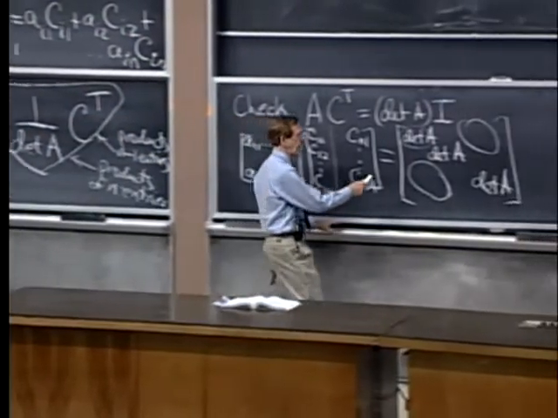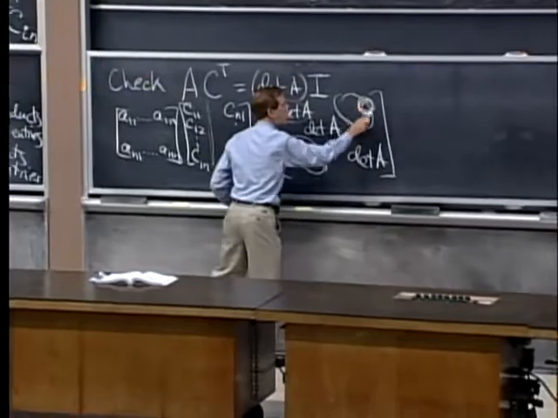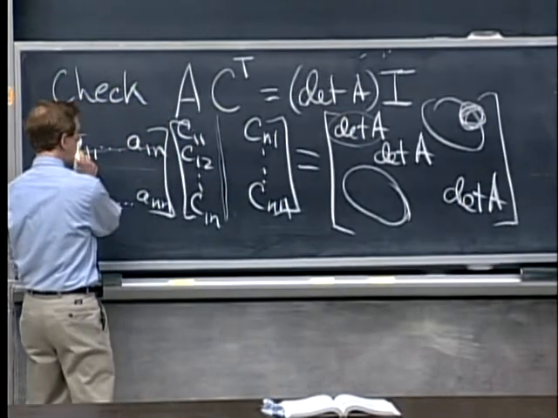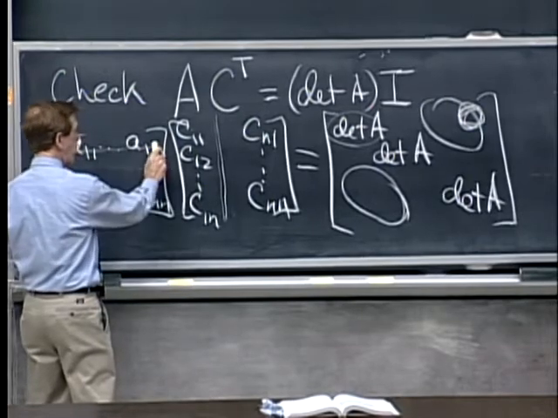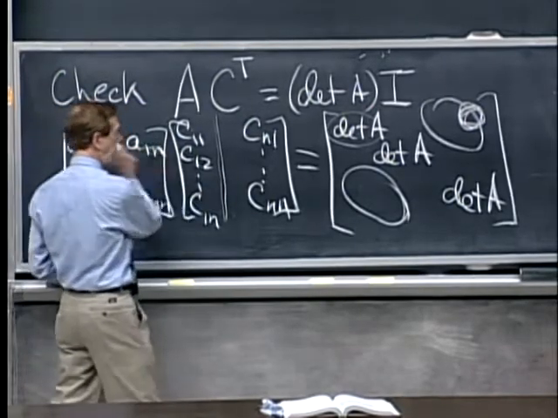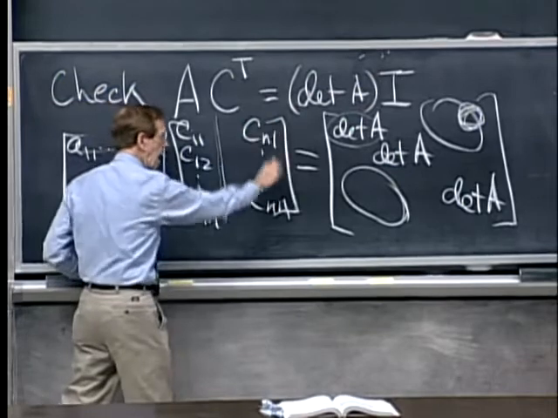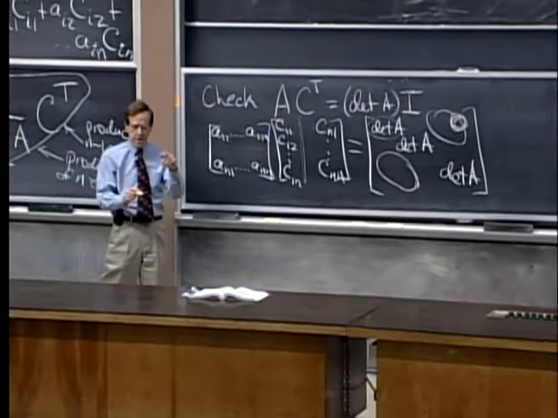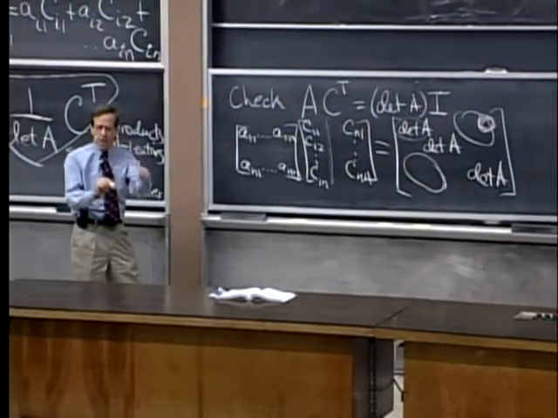The reason I get a 0 up in there is that when I multiply the first row of A and the last row of the cofactor matrix, it's as if I'm taking the determinant of this screwed up matrix that has first and last rows identical.